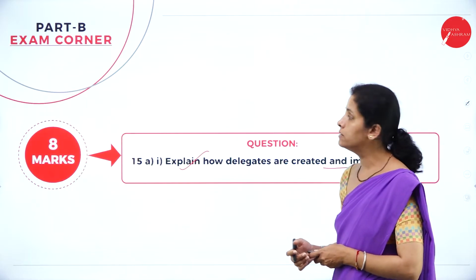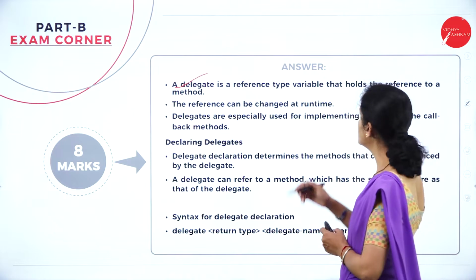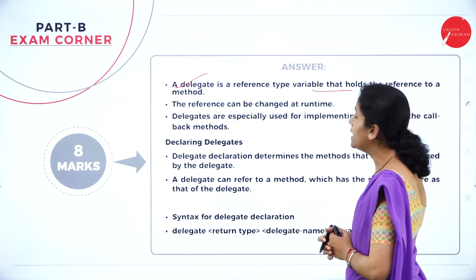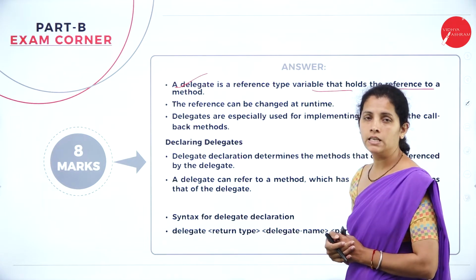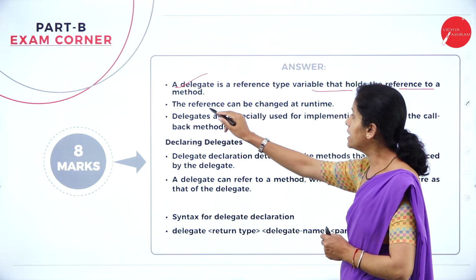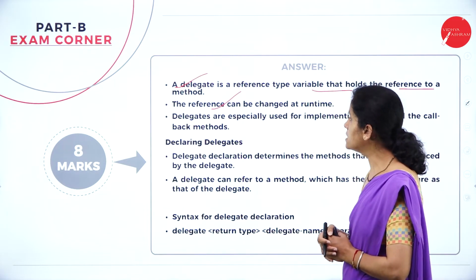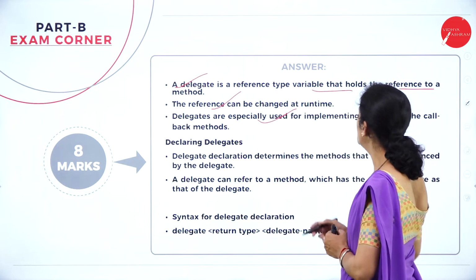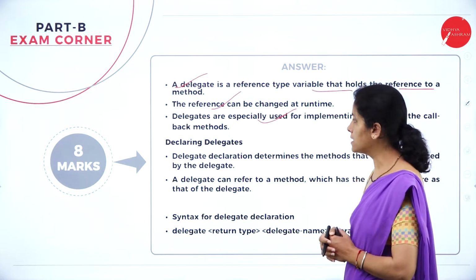To the method. A delegate is a reference type variable that holds the reference to a method. It's like a pointer. The reference can be changed at runtime. Delegates are especially used to implement events as well as callbacks.